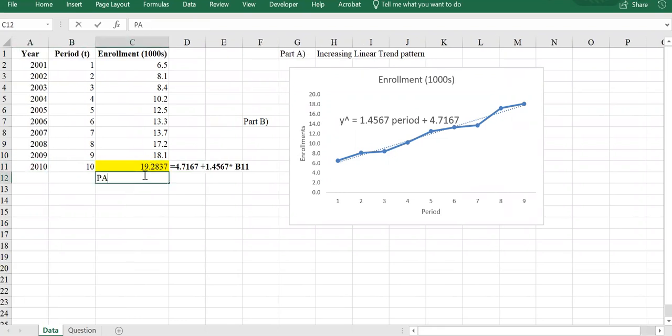So this would be the answer to part C of this question: 19.28. That would be our forecast for the next year.